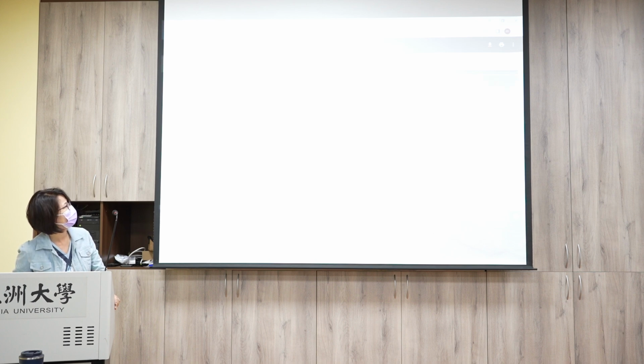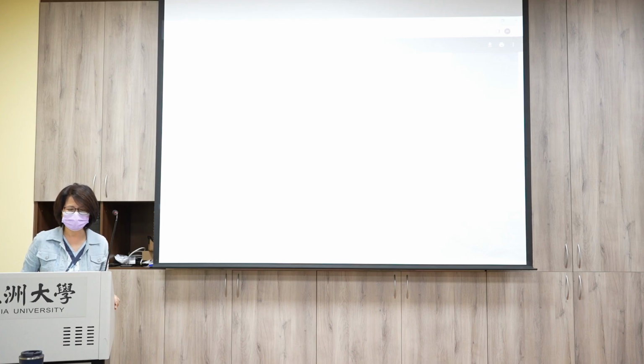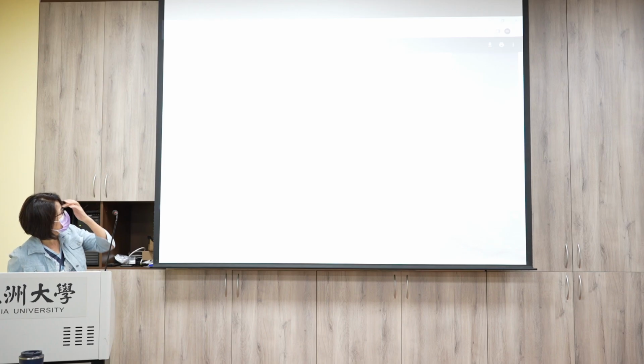Yes. So the first section in the statement is cash flows from operating activities. Can you see it? And then the items shown here. The first item here is income before income tax.